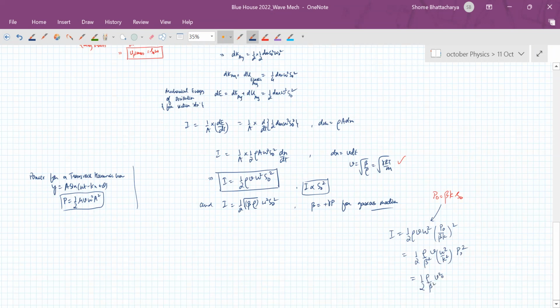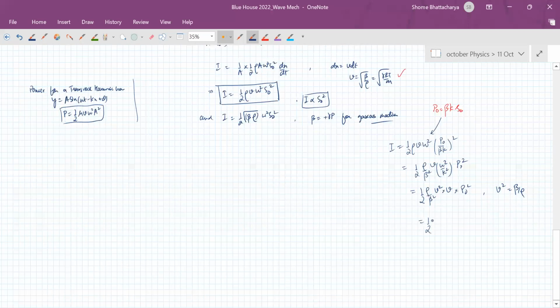V cube actually will become V square into V, I'm writing it as. Now, V square itself is, see that this will become half rho by beta square into Bulk's modulus by density into V into P naught square. So it becomes half V by Bulk's modulus into P naught square.